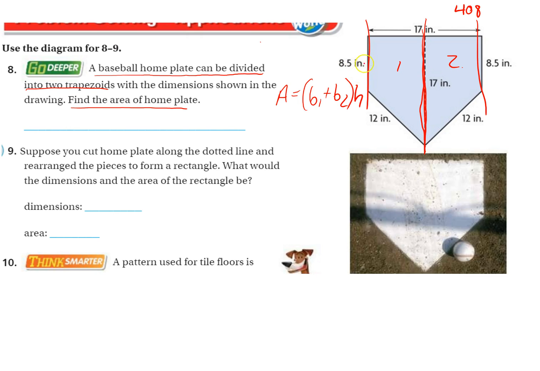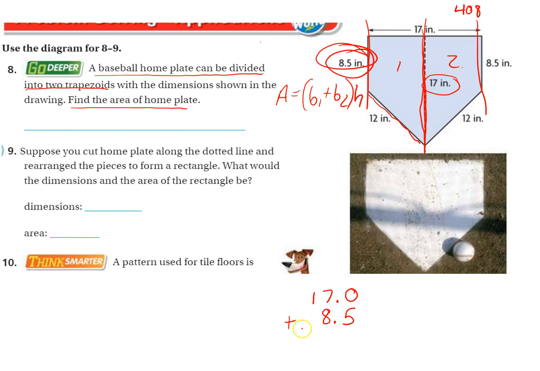So my base is 8.5, and this is 12. Okay, here we go. This is 17, my other base. So I'm going to show my work down here. 17 is the same thing as 17.0, because I have another decimal here that I need to line up.